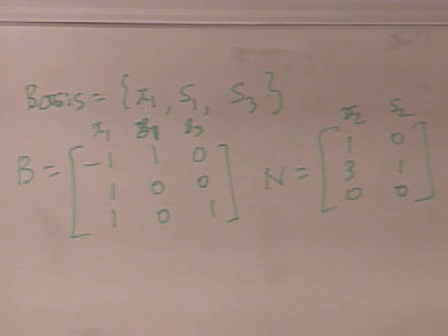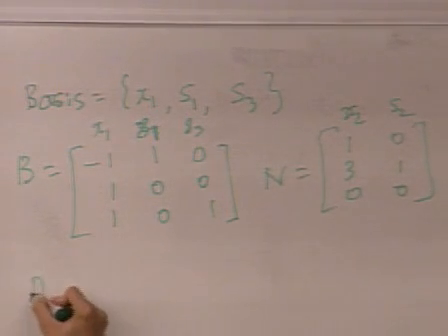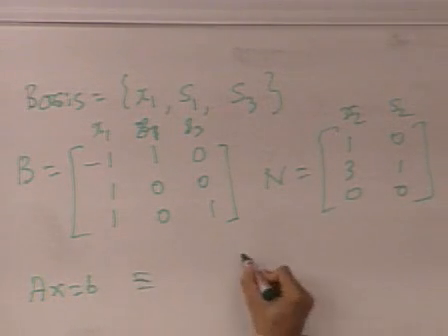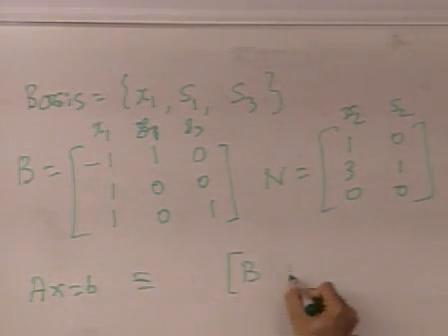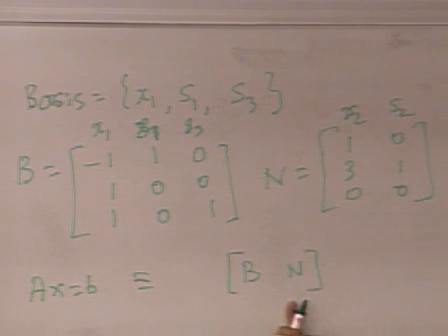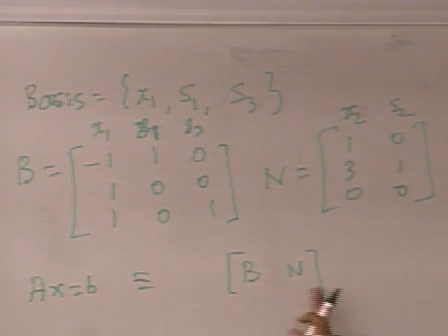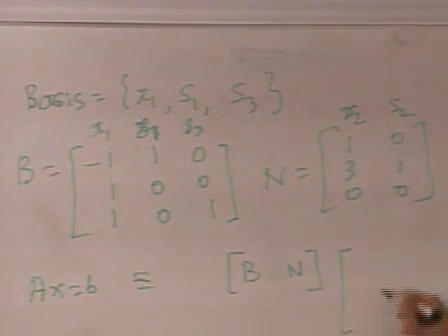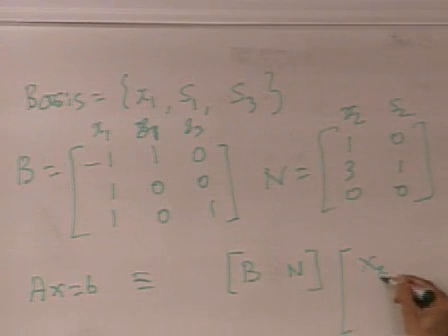Once I know what the basis matrix is, instead of A, I can write B, N, so that's the A matrix. But notice that I may have rearranged my columns. And so when I write x, I want to rewrite it as xB, xN.